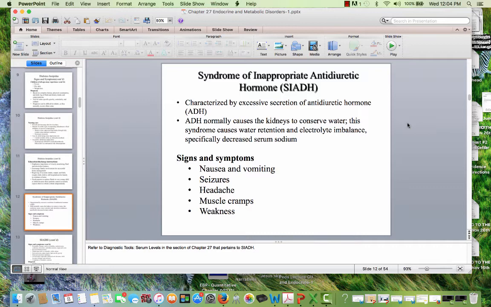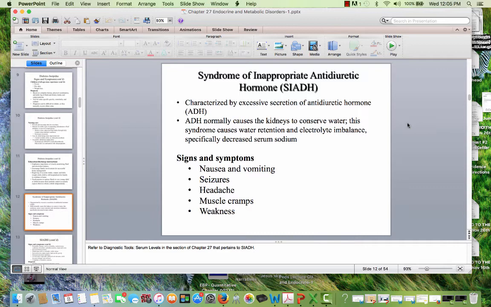The next thing I'm going to talk about is syndrome of inappropriate antidiuretic hormone. This is where excessive amounts of ADH are produced and the kidneys are unable to conserve appropriate amounts of water. So the body retains the water, leading to water intoxication, hyponatremia, and cellular edema.